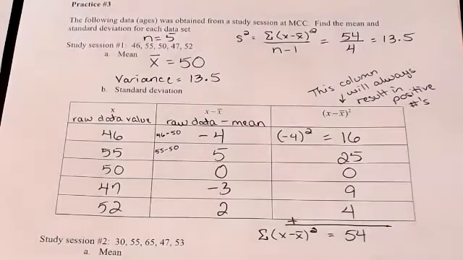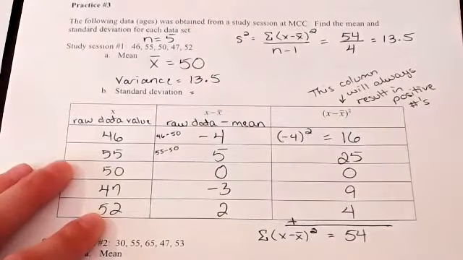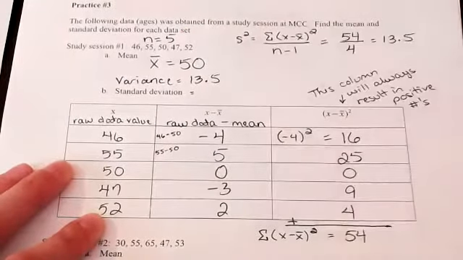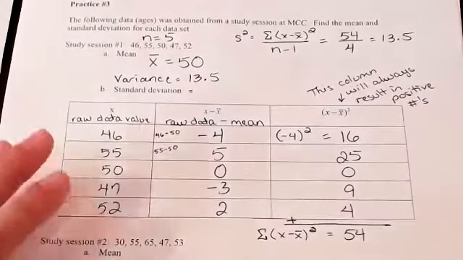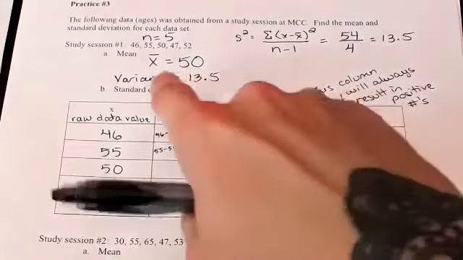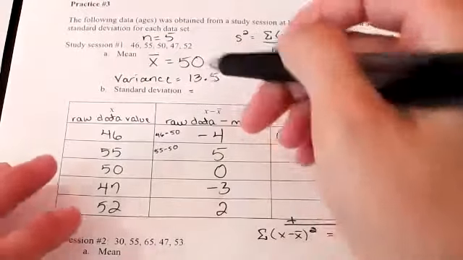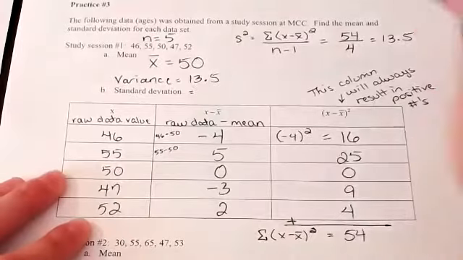One last step to find standard deviation. All we have to do is, would somebody volunteer that info? How do you find standard deviation if you know the variance? Wouldn't you square root it? Yes, yes. And this is your sample variance, S squared, sample variance, because we're working with a sample. So you're going to square root it.